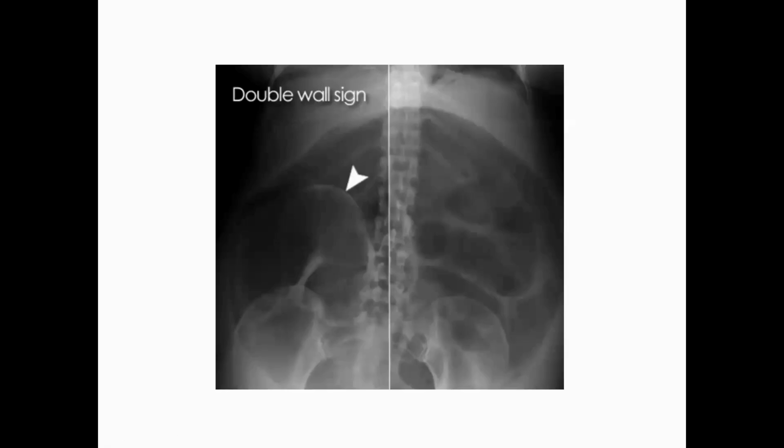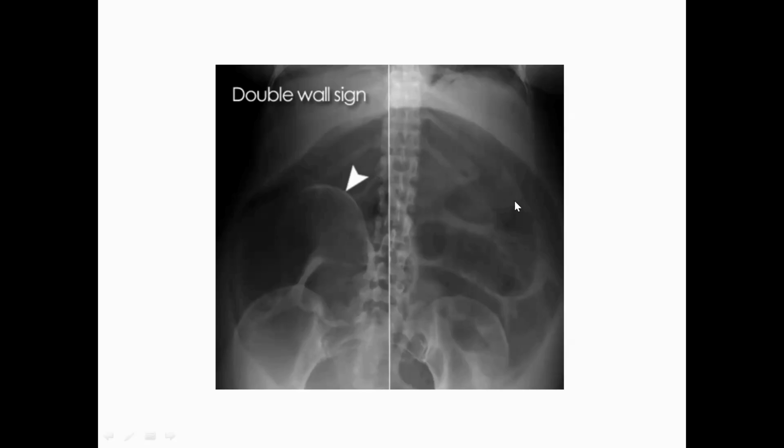And there is another sign here. If you look here, there is a large volume of free gas that has risen to the front of the peritoneal cavity. It gives the appearance of a large round black area.